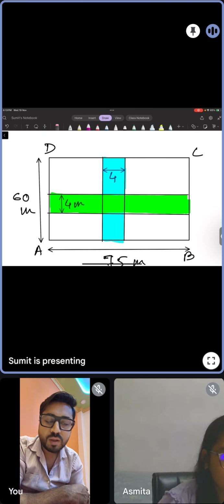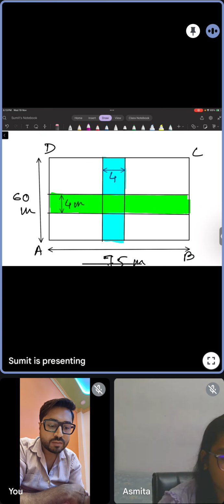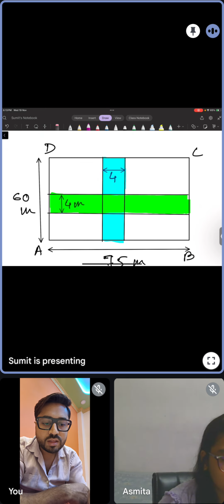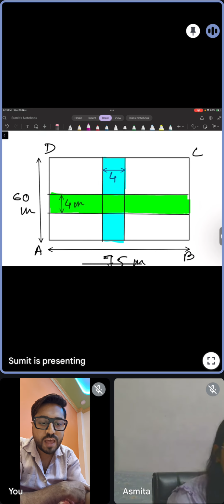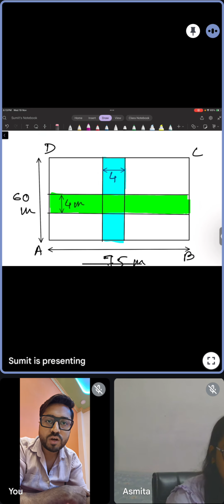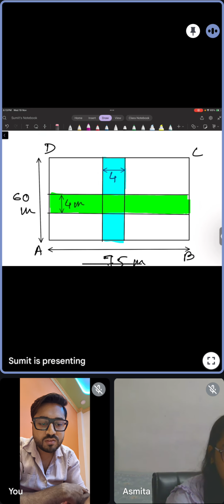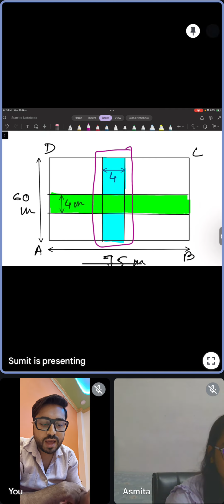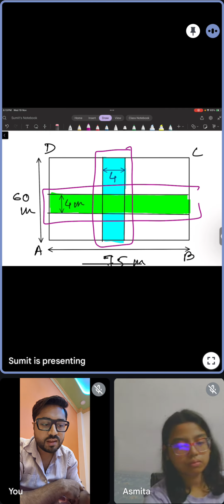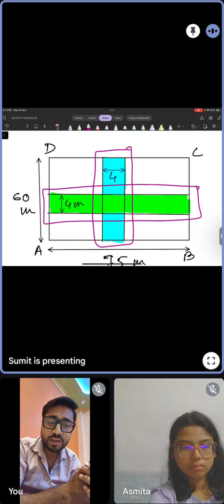I guess it is not visible properly in the diagram, but you can see over here that the road along its breadth, I have drawn in cyan color, right? That means this one. And the lengthwise road, I have drawn with a green color.